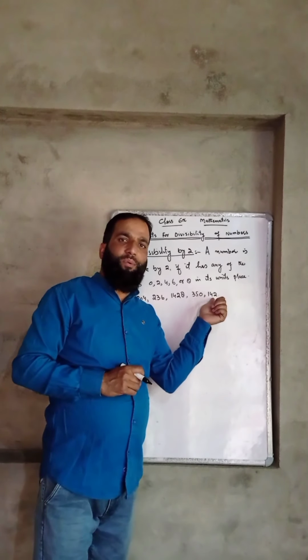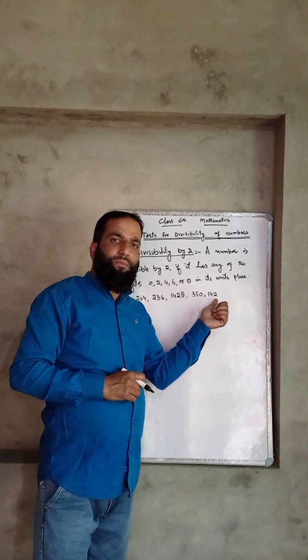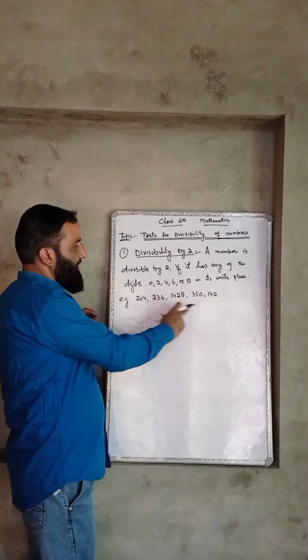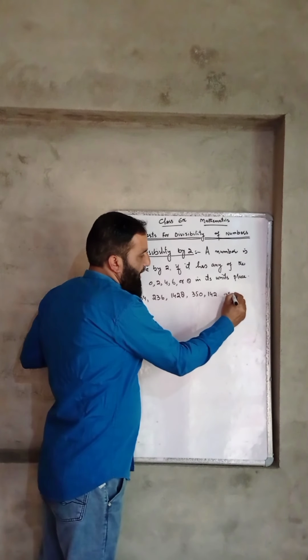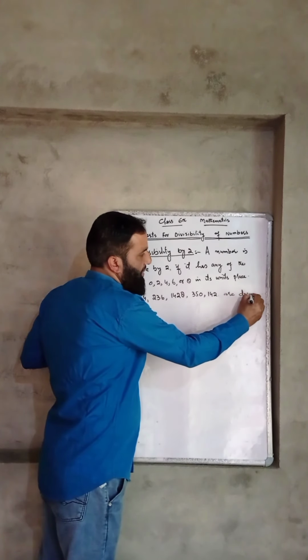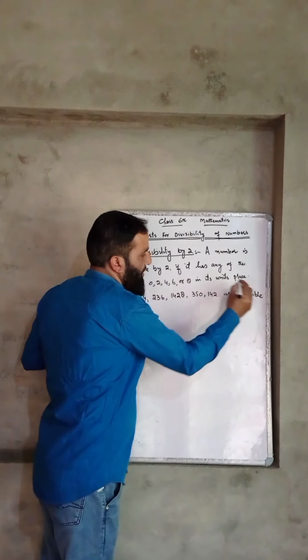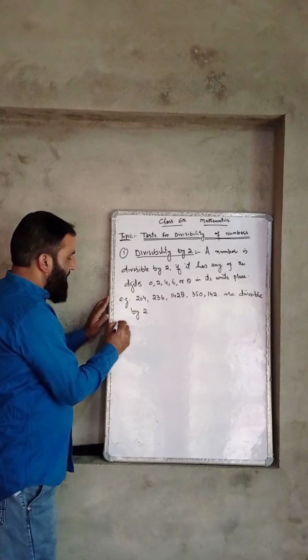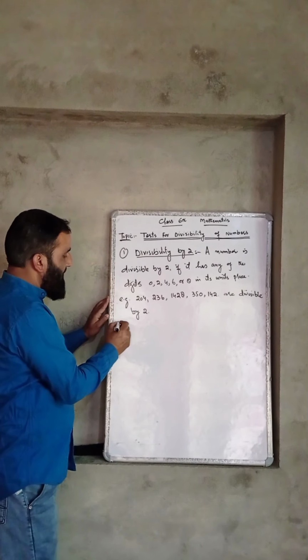And in this number 142 the digit at the units place is 2, so it is divisible by 2. So we can say these numbers are divisible by 2.